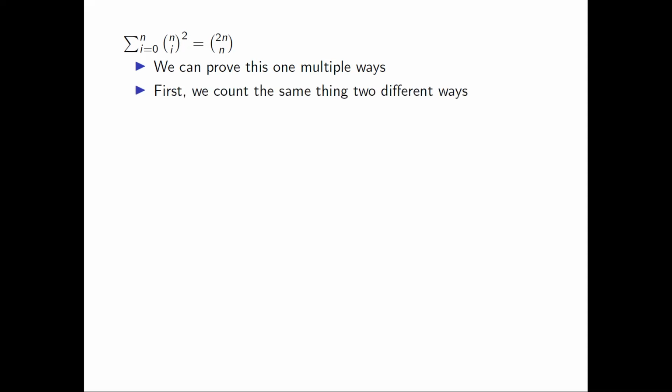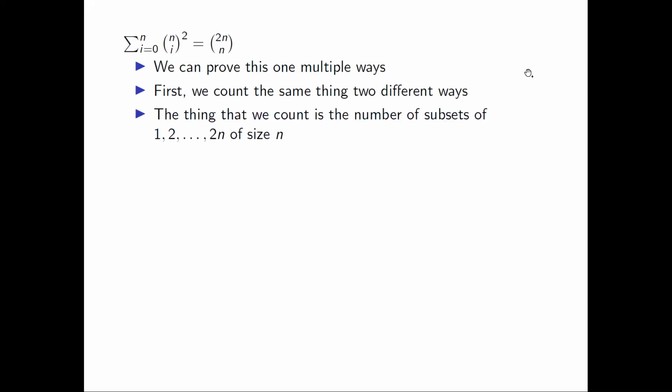Why is that? Well, we'll use the technique that we saw on the previous slide. We will count the same thing 2 different ways. The thing that we will count is going to be the number of subsets of the set 1, 2, up to 2n, and these subsets must have size n.